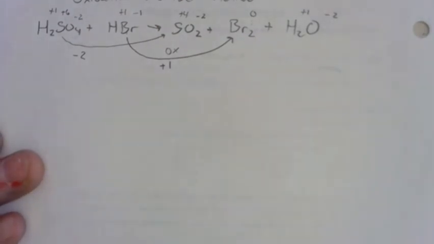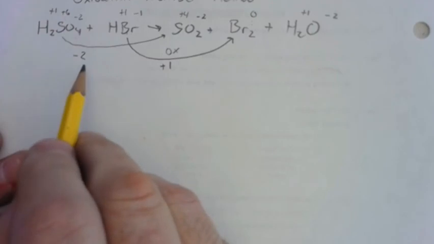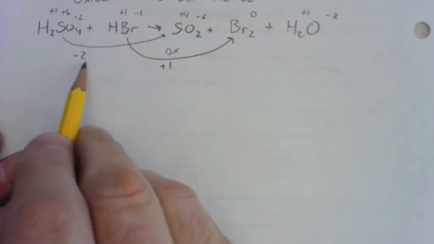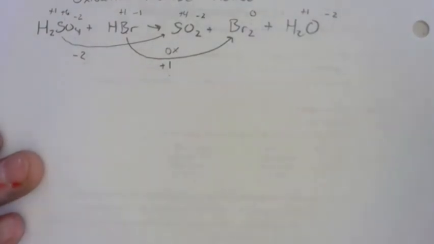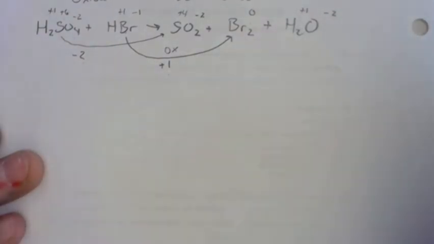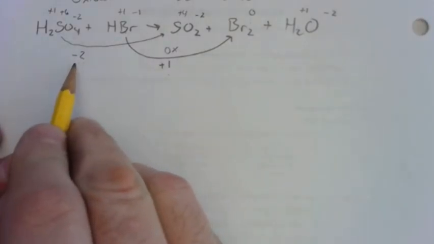All right. So now we look at these and we realize, well, whatever the negative number is, the positive has to be the same and vice versa. So we want to either multiply one or both of those so they equal the same number and therefore can cancel out. Remember, if you're going to lose or gain 2 electrons, they have to come from somewhere.